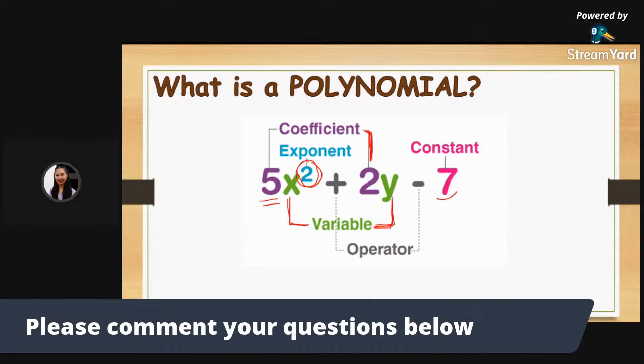And since 7 here is only a number, therefore it is referred as constant. Your plus sign and minus sign is referred as the operator of your polynomial. And this one, 5x squared, is considered as one term, 2y is considered as another term, and 7 is considered also as another term.